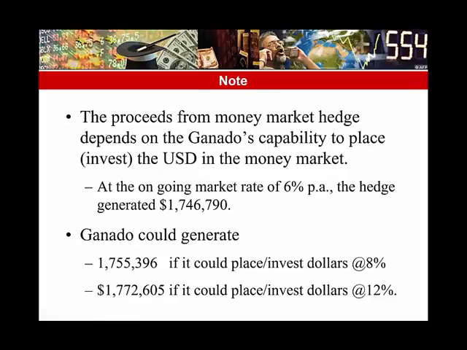So we calculated this amount with the assumption that we can earn 6% per annum. However, if the company were able to invest these funds at a rate of, let's say, 8%, it would be able to generate 1,755,396, or better, if they were able to reinvest these funds at the cost of capital, they would be able to generate 1,772,605.